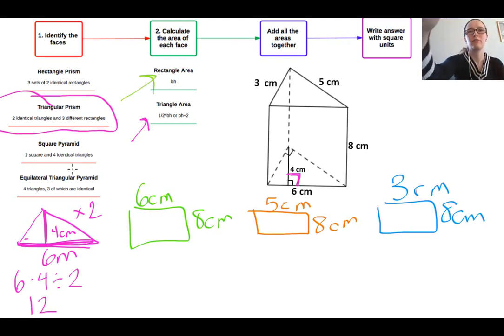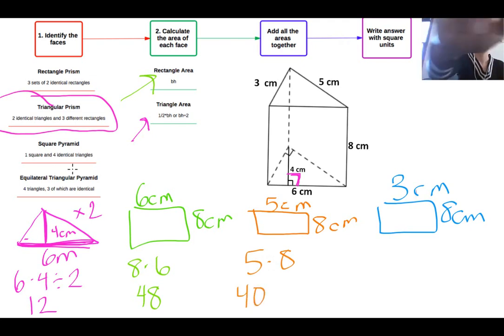For a rectangle, base times height, I'm going to do 8 times 6, which is 48. I'm going to do my orange, 5 times 8, which is 40, and in blue, 8 times 3, which is 24. Now I have to add all the areas together.